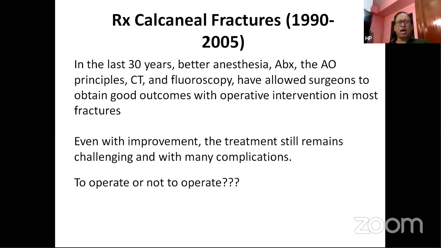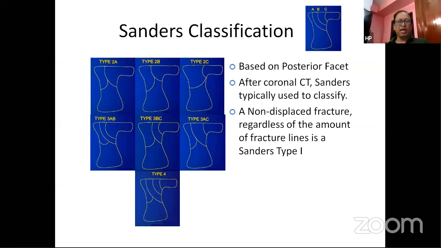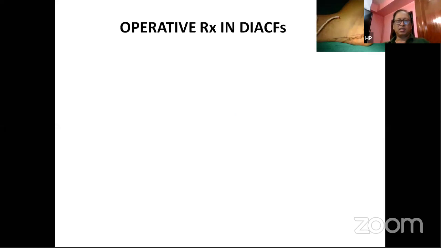But between 1990 and 2005, our thinking has changed, and the thinking was whether to operate or not to operate. But as Dr. Dhillion has already suggested, you have to operate in certain fractures, and we have to think about our expertise, and then how we can treat them. As you have suggested, open reduction internal fixation is one of the best methods, but there are complications. So we have to understand the classification method, which everybody knows, so we can decide on the surgery depending on that.